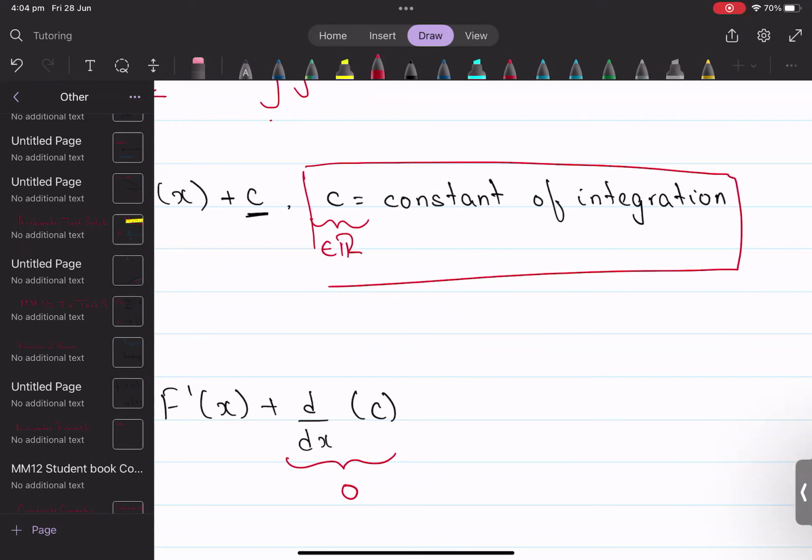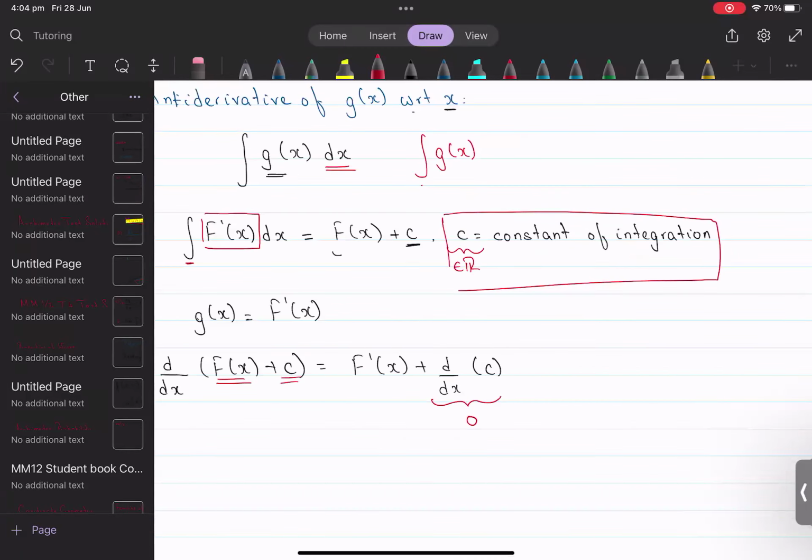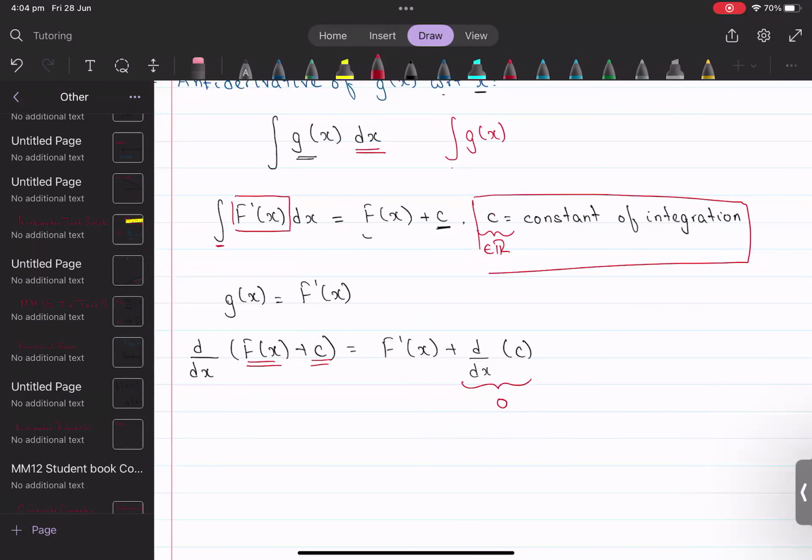Okay. So c is an arbitrary constant. Typically in problems, like I said earlier, you will be given conditions which give you some information which allows you to then work out what the value of c is for that specific problem. But we will cover more on that in the coming videos.